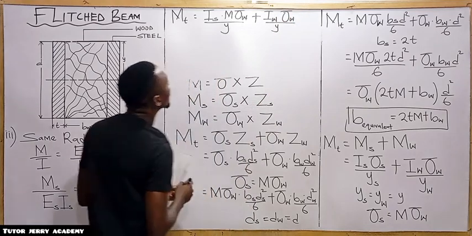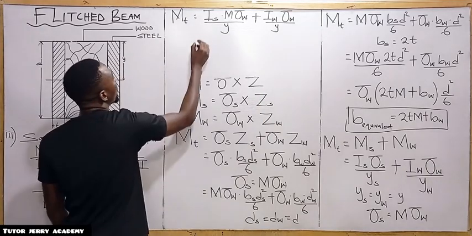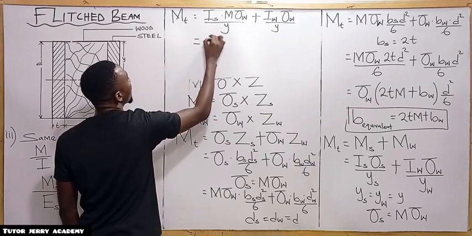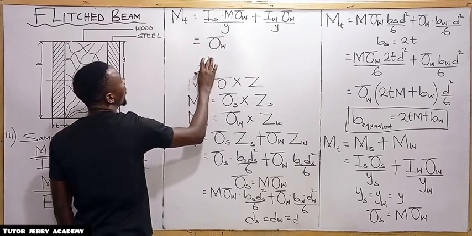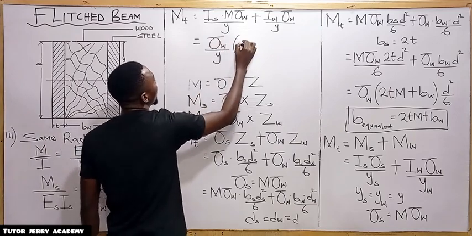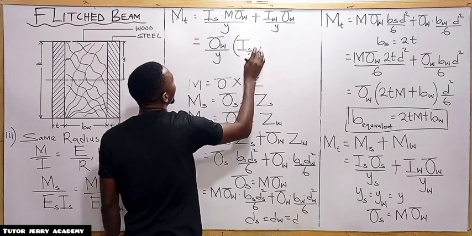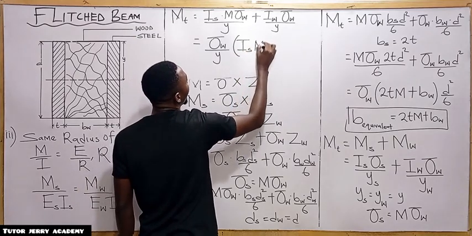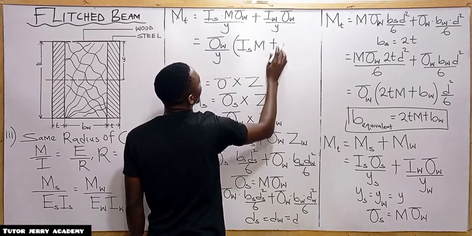All right, so something is common here. So if we factor that out, we are going to have stress in the wood all over y, into, then we are going to have I subscript s m plus I subscript w.